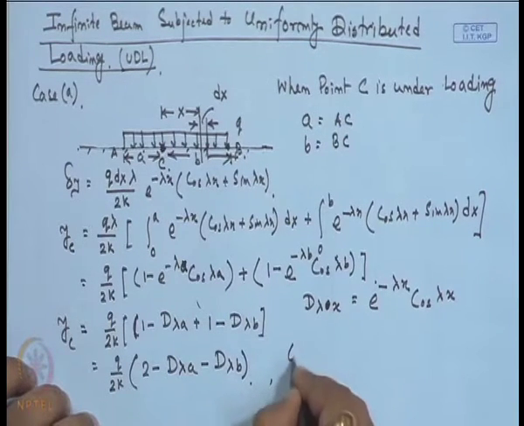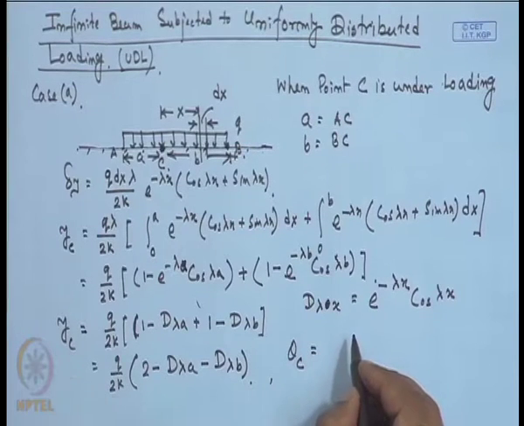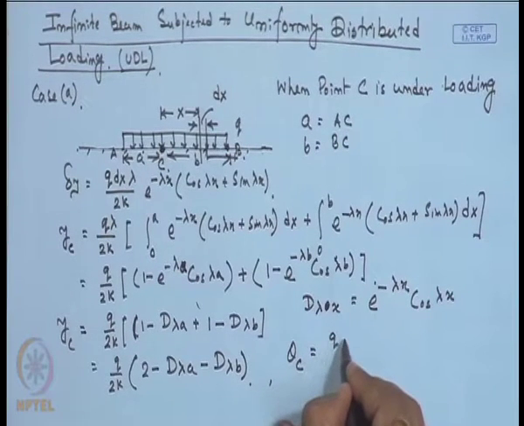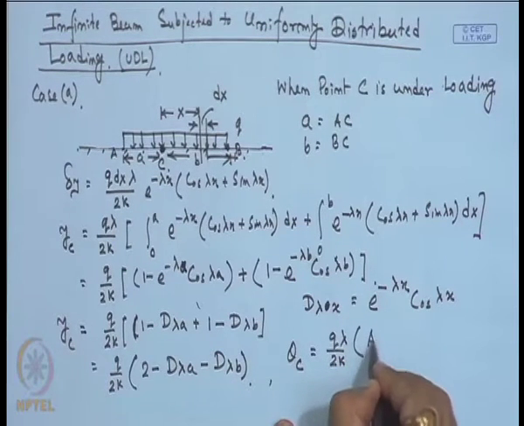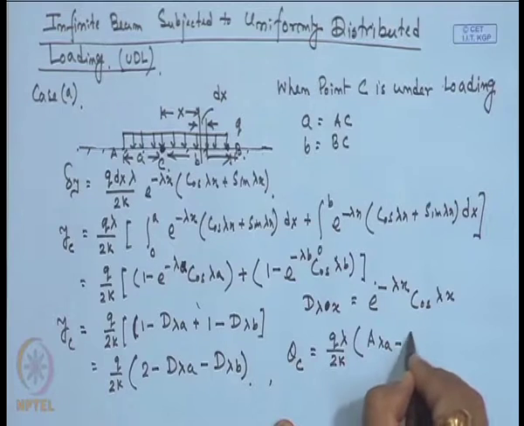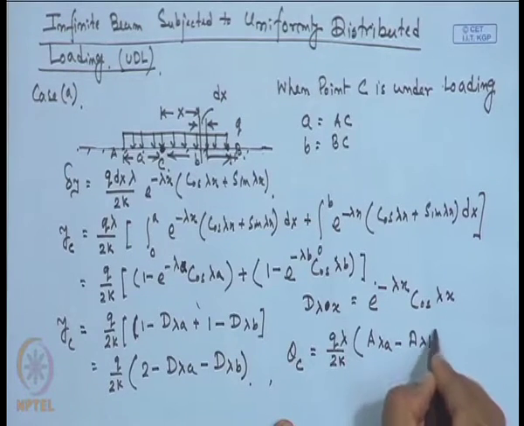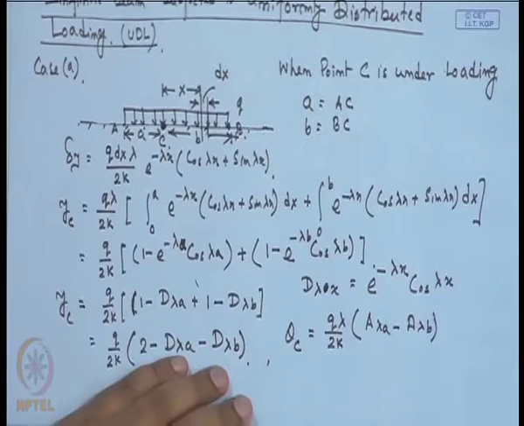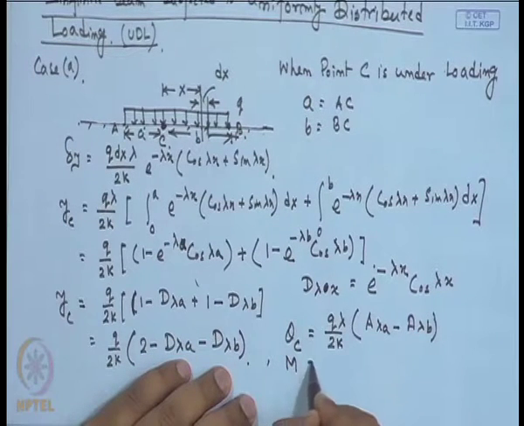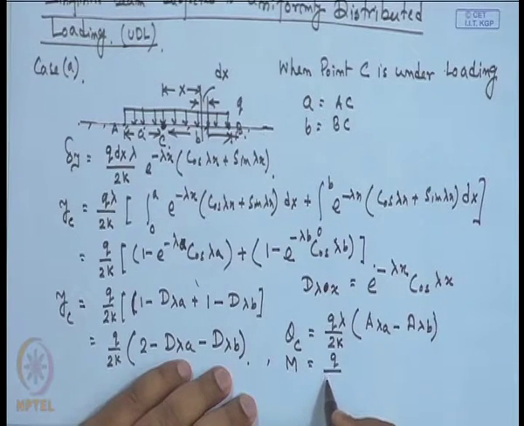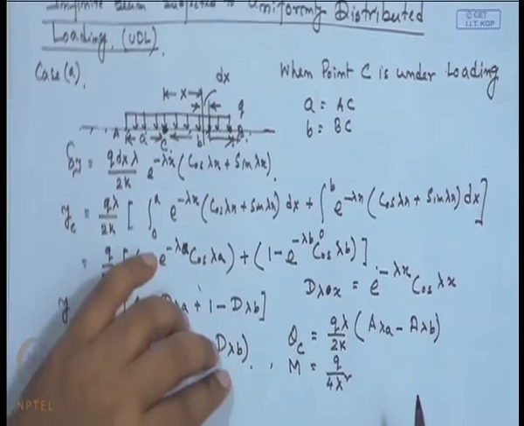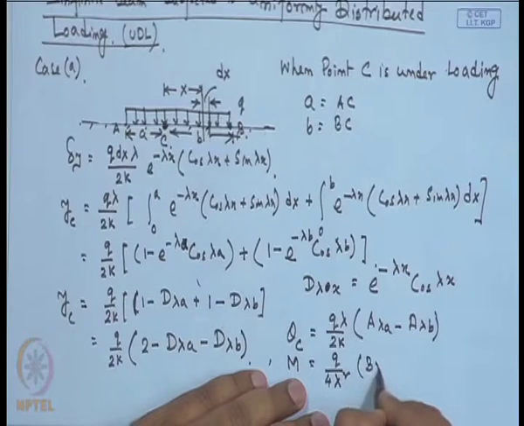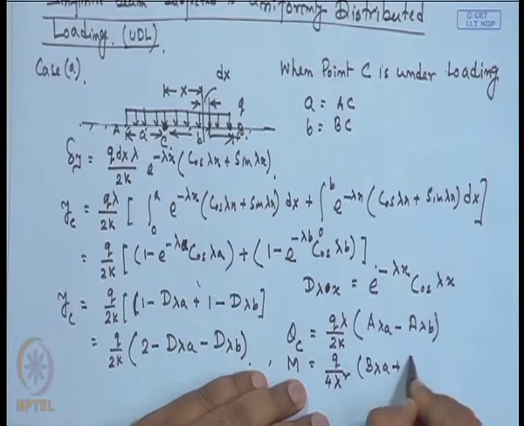Similarly, we will get theta_c, the slope at point C, that will be q into lambda divided by 2k into A lambda a minus A lambda b. Similarly, the moment at point C, M, will be q divided by 4 lambda square into B lambda a plus B lambda b.